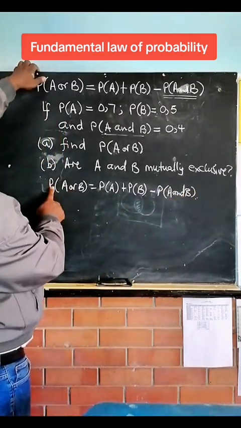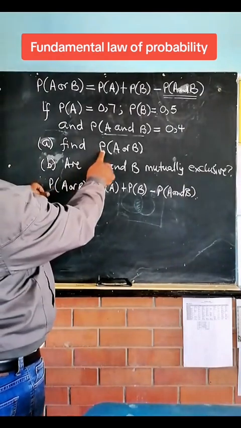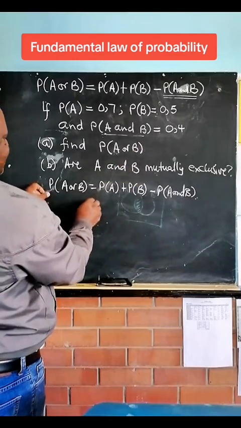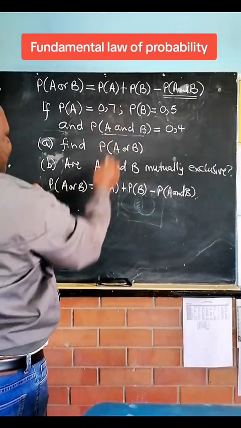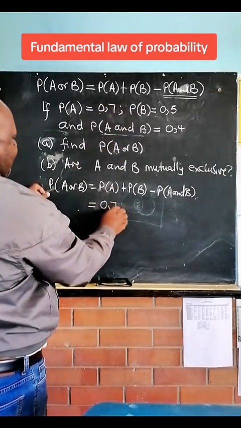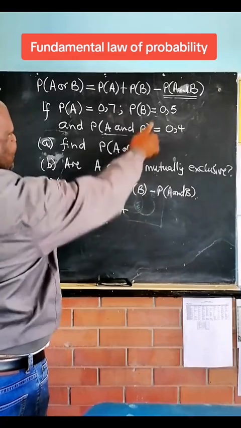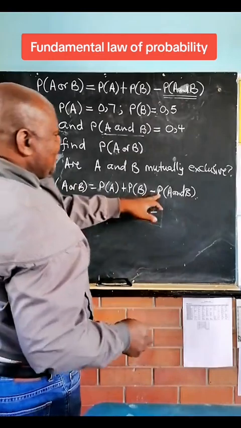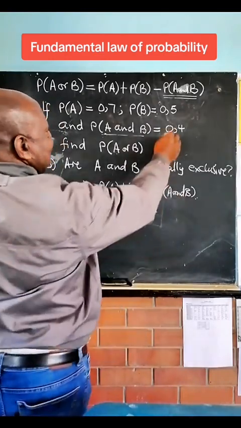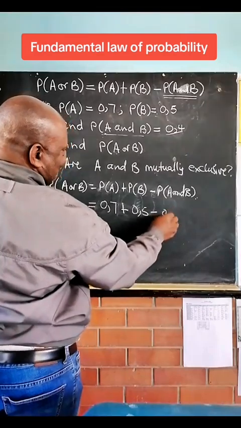Let's see what goes where. This is what I am looking for because I want probability of A or B. This is equal to probability of A, given as 0.7, plus probability of B, given as 0.5, minus probability of A and B, given also as 0.4.